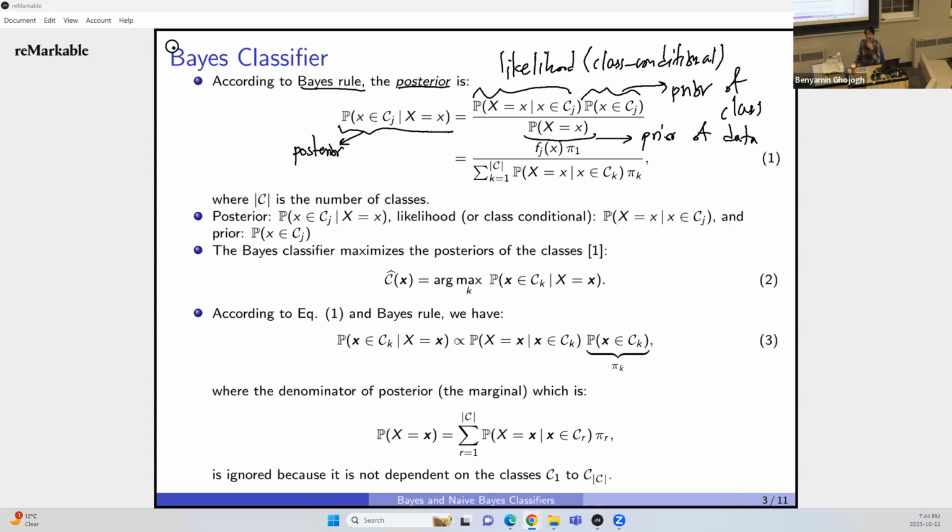The proof is so simple because the numerator, P of X given C times P of C, is equal to the joint probability of X and C. Also multiply the denominator: P of C given X times P of X is again the joint probability of C and X, or X and C, the order doesn't matter.